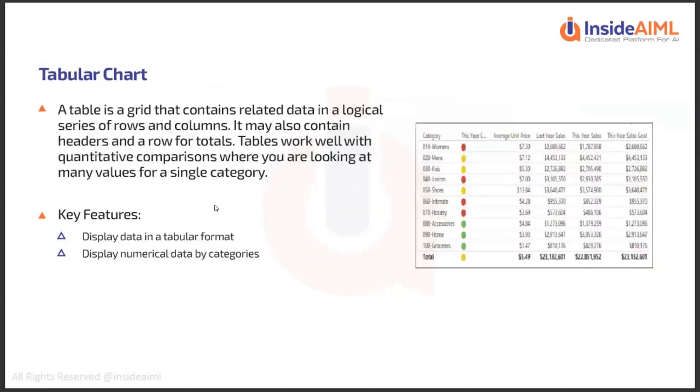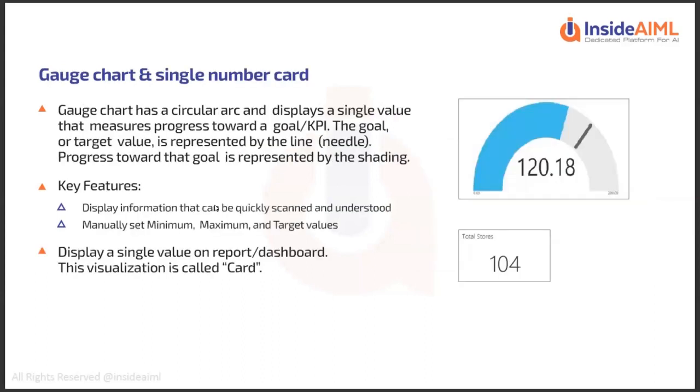We have this tabular chart where we can create tables. Yesterday I've shown you. In a gauge chart, it does not automatically take the target. You have to put in the target. And then there is a needle, this kind of needle, where it checks.